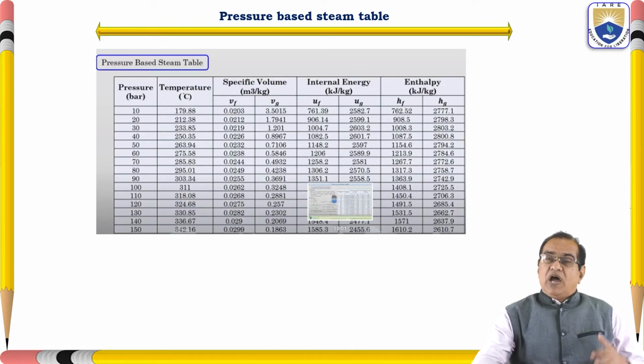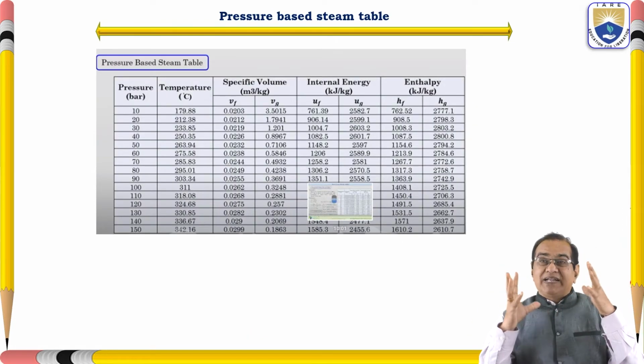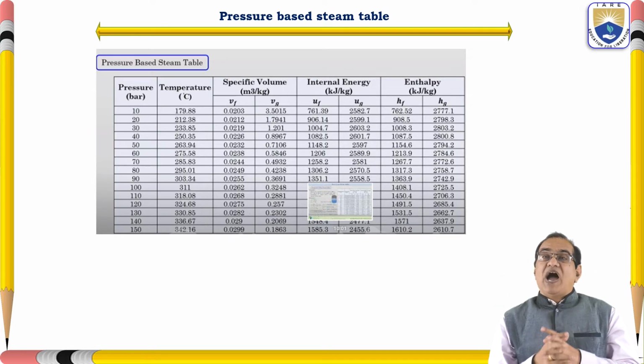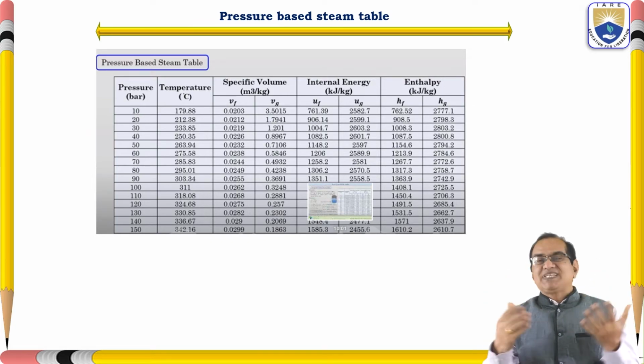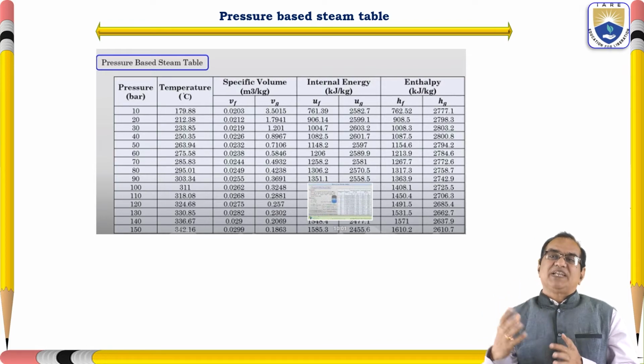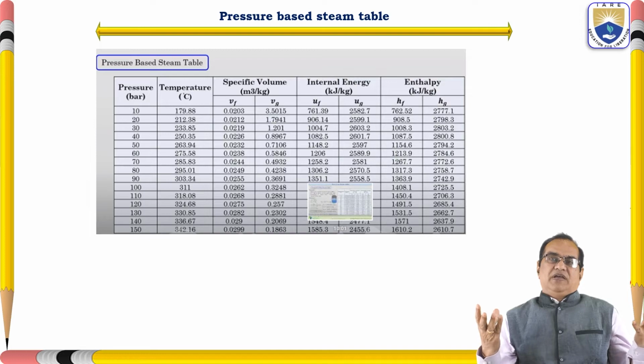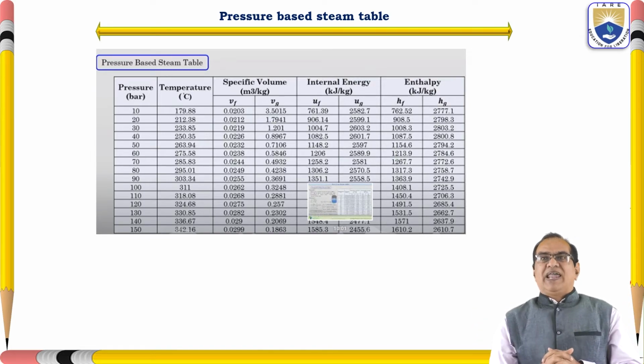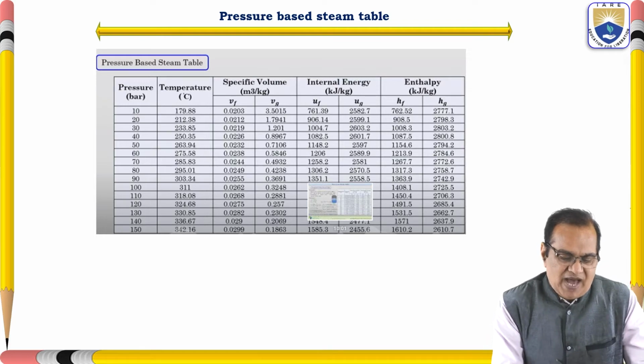So now I have discussed the table on temperature basis. Now I want to discuss, if the pressures are given, with the help of the pressure how we can find out the different thermodynamic characteristics like specific volume, internal energy, and all other things. So here we have the pressure in bar.